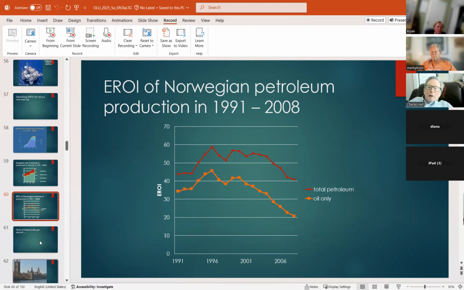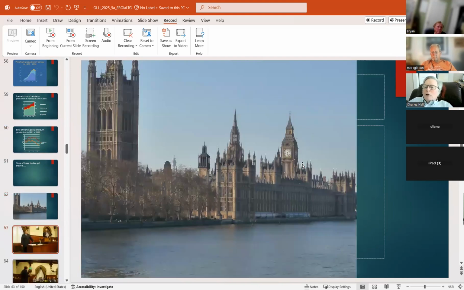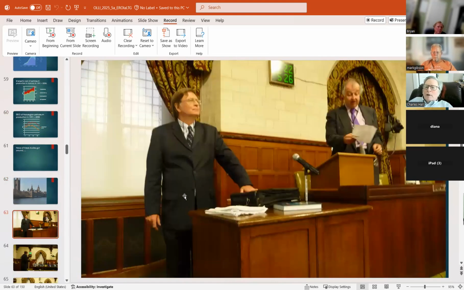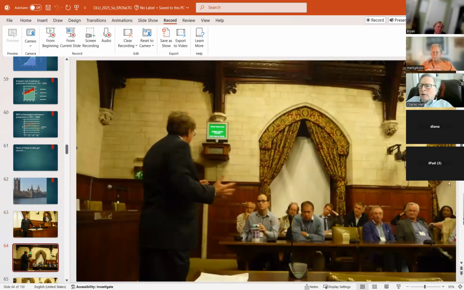And the same was true for England. So just a little note in my life, here's a British Parliament, and here I am looking a little smug. I hope I wasn't smug, giving a presentation in Parliament on the future of English oil. And they had some of the best English oil scientists there to cross-examine me.